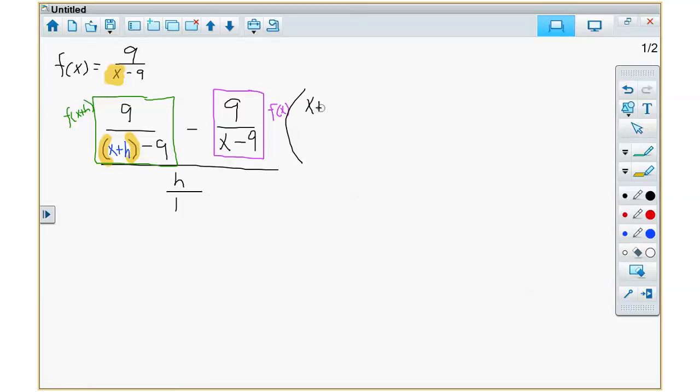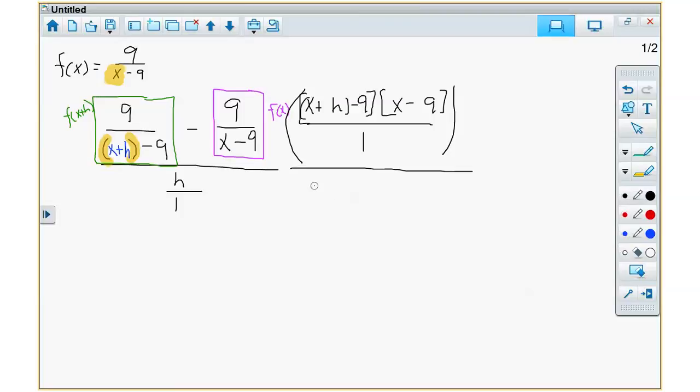x plus h minus 9. And I'll put that in brackets so you can see that you multiply them together. x minus 9 over 1 over x plus h minus 9 times x minus 9.